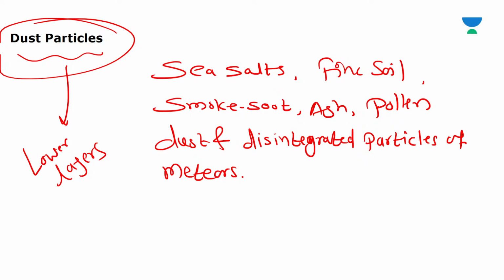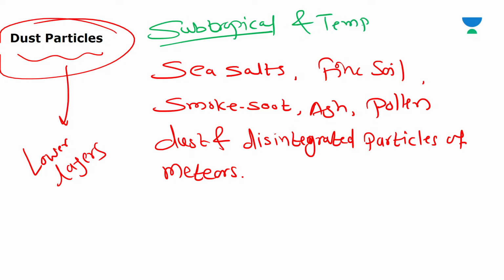So the higher concentration of dust particles is found in subtropical and temperate regions due to dry winds, in comparison to equatorial and polar regions.